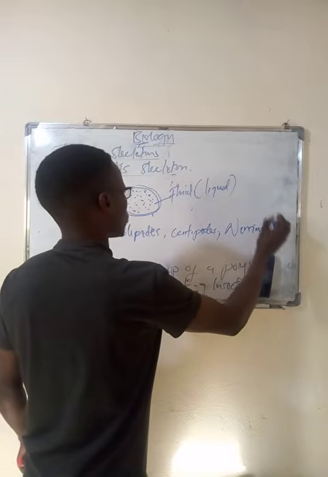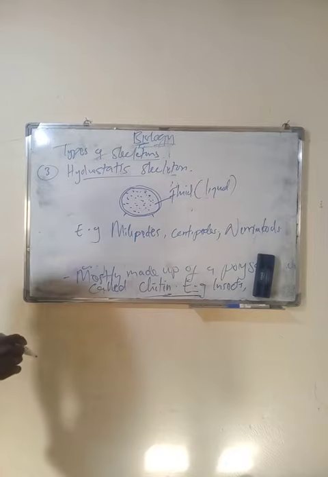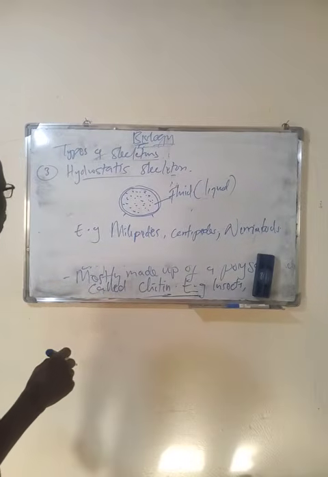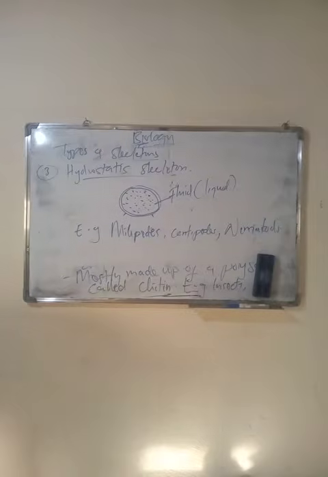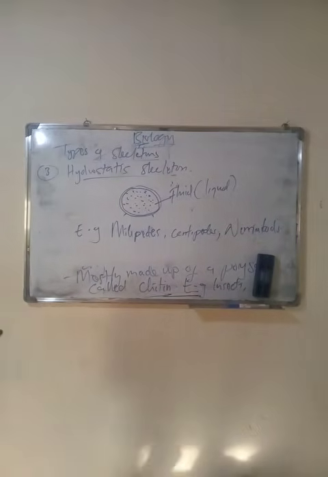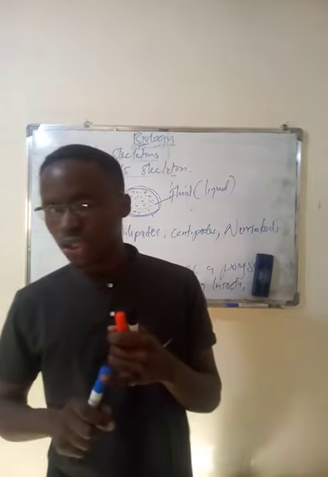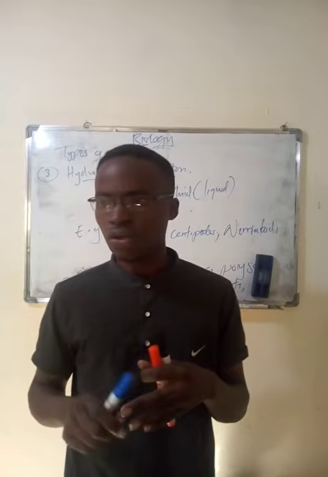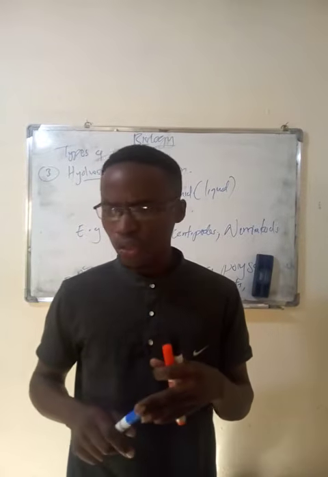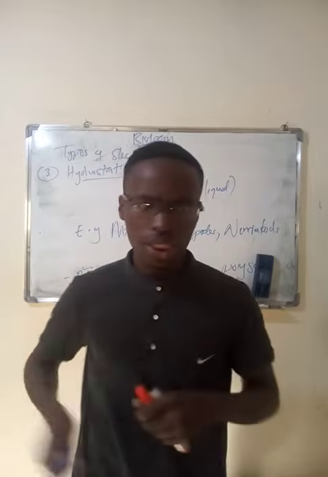Now, obviously, we are going to talk about some of these in more detail when we talk about classification. So basically, those are the types of skeletons that we have. Remember, we've talked about the endoskeleton, we've also talked about the exoskeleton, and then we've talked about the hydrostatic skeleton.